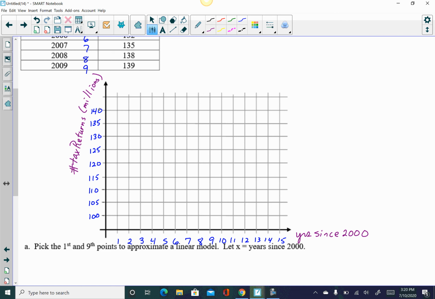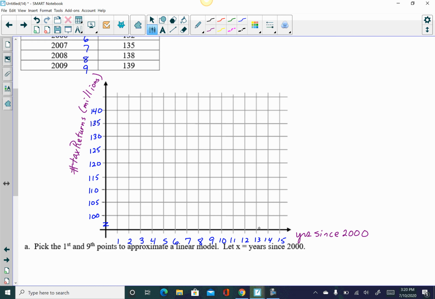I do need a break here in my graph because this is representing 100 units and everything else is representing 5 units. I don't need it on the x-axis because from here to here is 1 unit and everywhere else is also 1 unit. Now I'm going to plot each of these individual points.